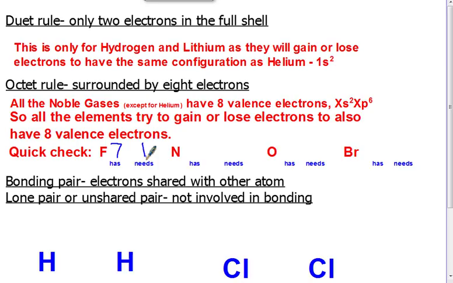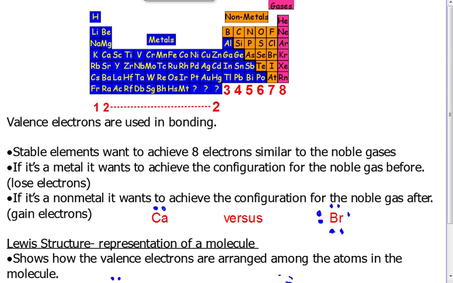Nitrogen has, let's go to Aisha, find nitrogen on your periodic table. You count across, and how many does it have? You find nitrogen, you go 1, 2, 5.